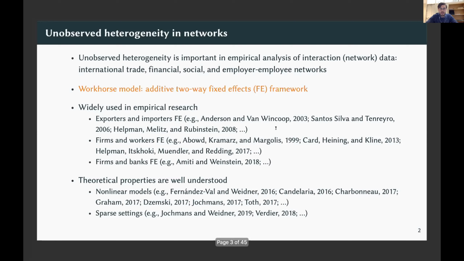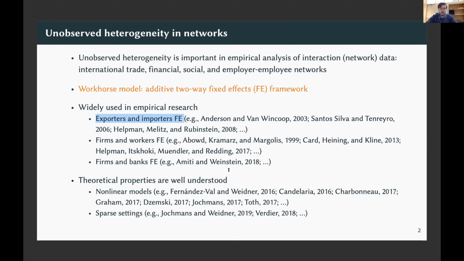For example, the standard additive two-way fixed effect framework is routinely employed to control for unobserved heterogeneity in networks. Its numerous empirical applications include, for example, a comparison of firms and workers fixed effects in the wage regression context, or exporters and importers fixed effects in analysis of the international trade network data.